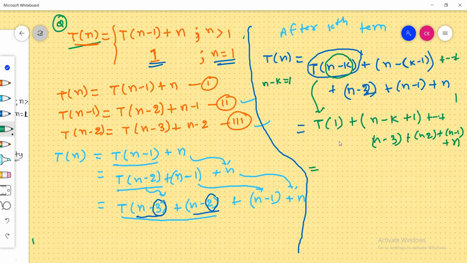So now this t of 1 is 1 and plus n minus k plus 1. So n minus k is already 1, we have assumed that.